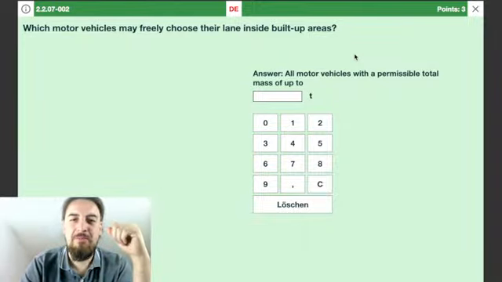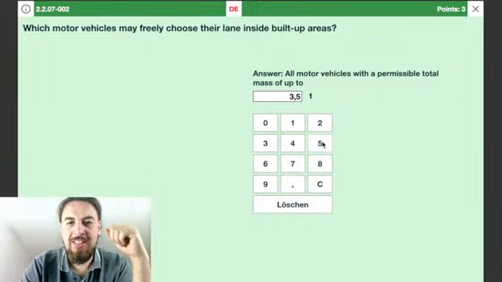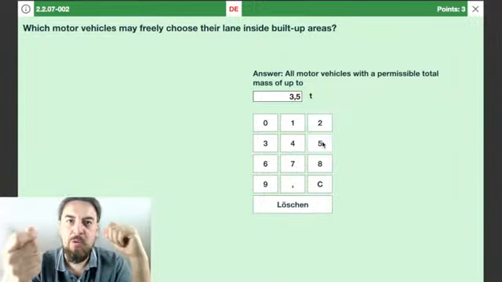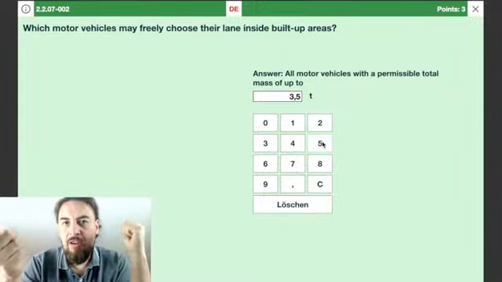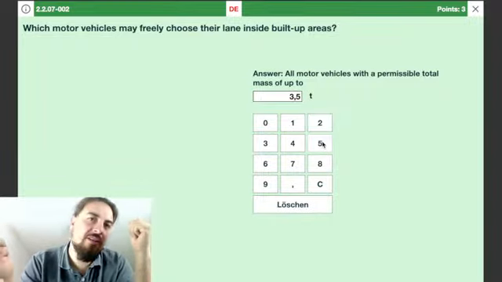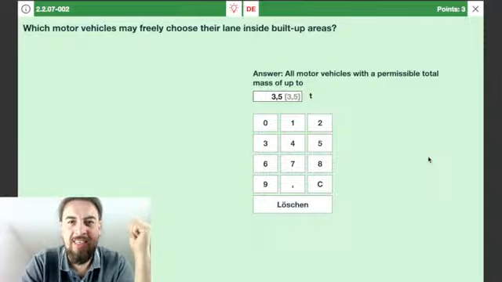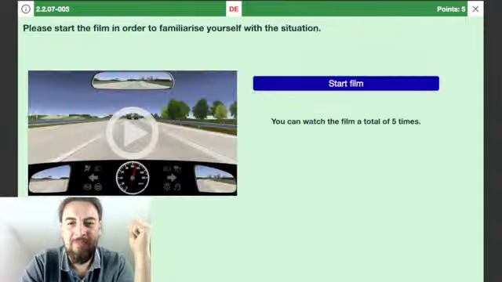You maybe remember, 3.5 tons. Everything above 3.5 tons requires a truck driver license and therefore is not a car anymore. That's why 3.5 tons is the correct answer in that question.